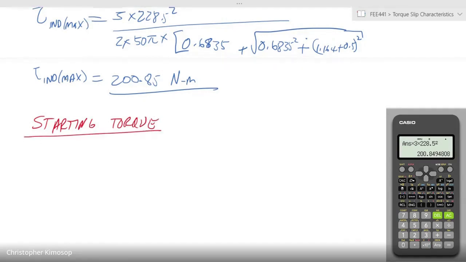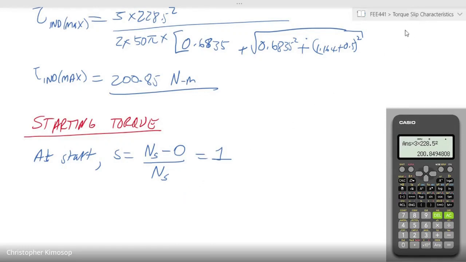At start, the slip is equal to ns minus 0, because the mechanical speed is 0, over ns, which means that slip is 1.